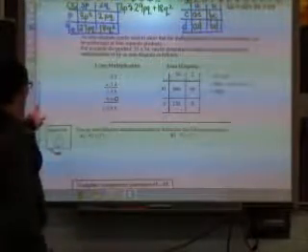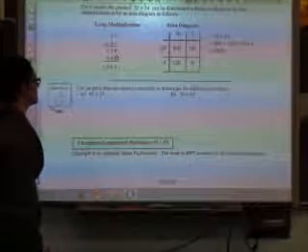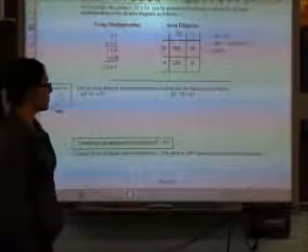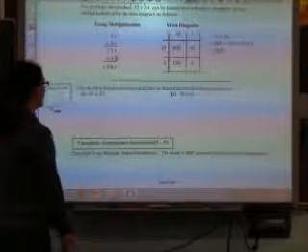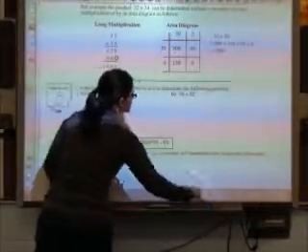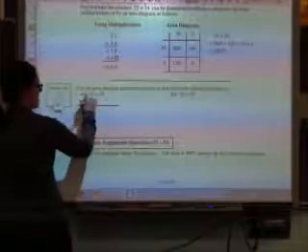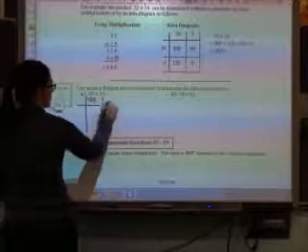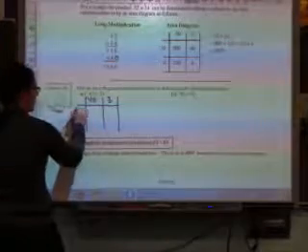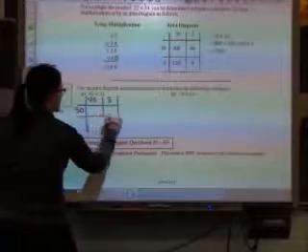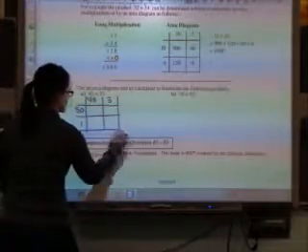So if I look at class example number 6, use an area diagram and no calculator to determine the following. I can split 43 as being a 40 and 3. 51 becomes 50 and 1.